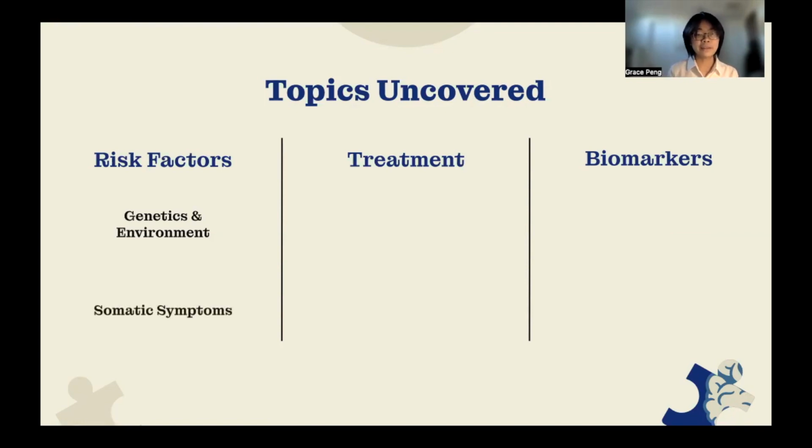Next, with somatic symptoms, pain is usually seen as a separate entity from depression. However, pain can also be a symptom alongside emotional symptoms. Next are types of treatments. There are a few types of treatments. One group is conventional treatments, and these usually include medications and antidepressants.